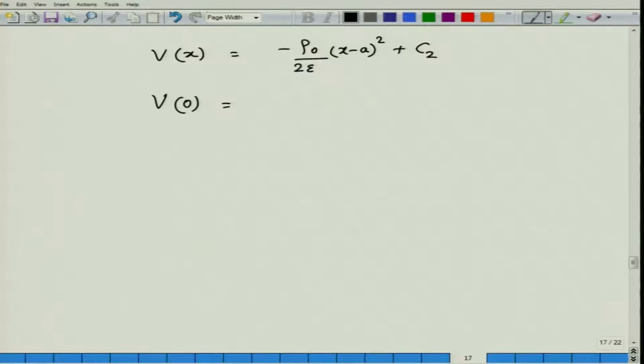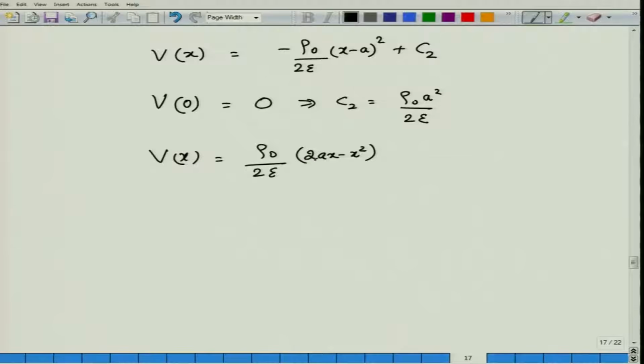Because the charges are just kept between the two, at x equal to 0 the potential actually has to be equal to 0, which allows me to find C2 as rho 0 a square by 2 epsilon. Substituting this into the total expression for V of x, you can show that this is given by rho 0 by 2 epsilon times (2ax minus x square). So this is the potential that you actually have.